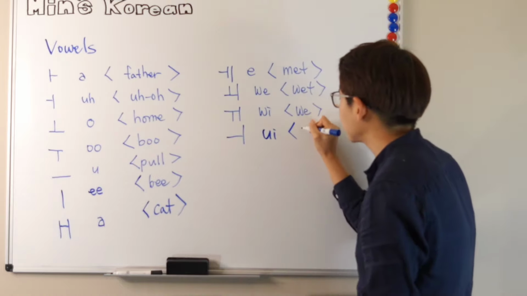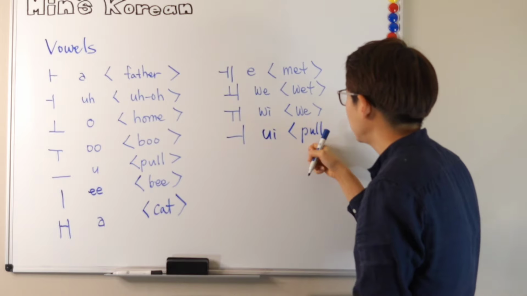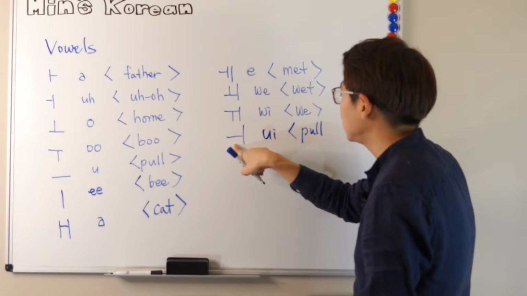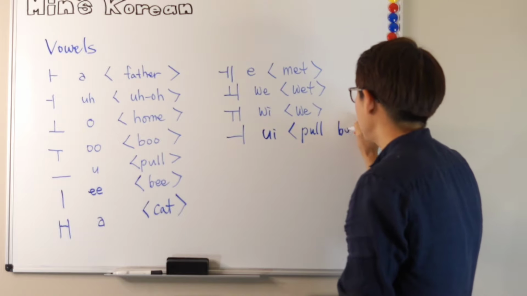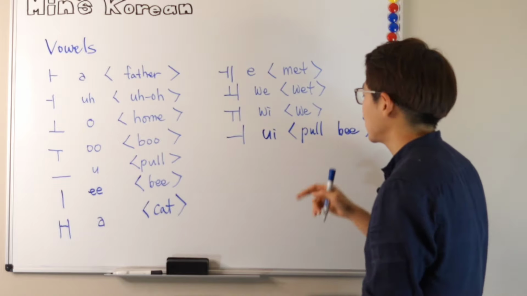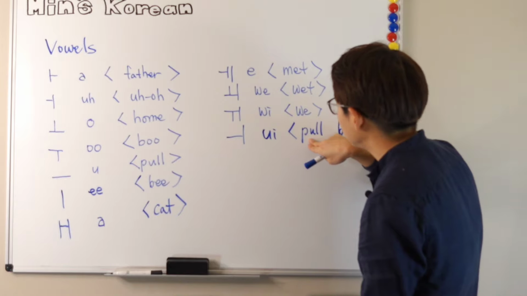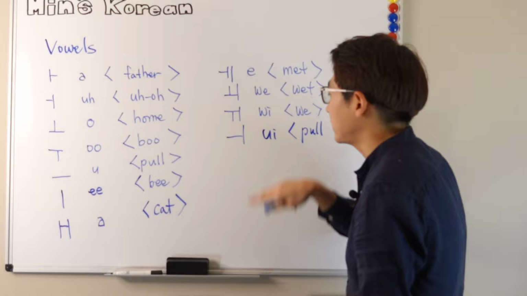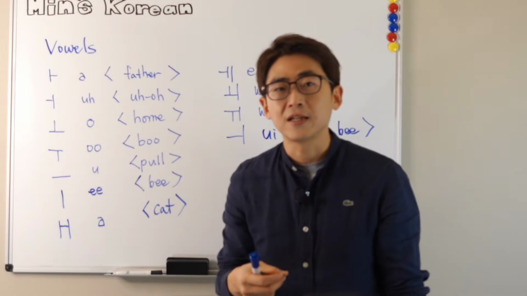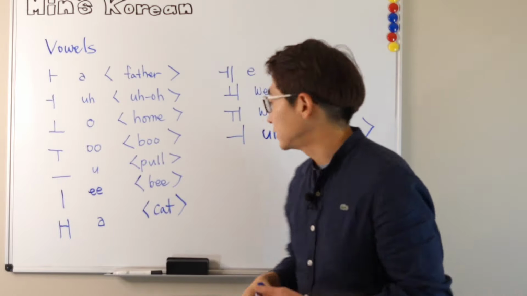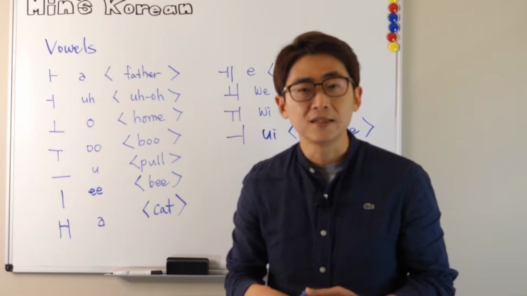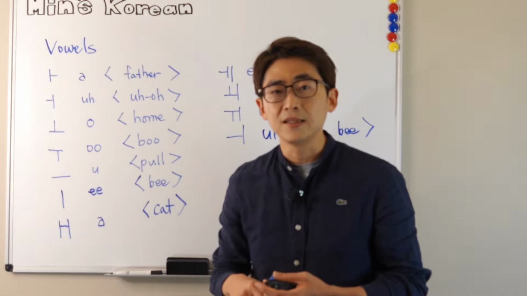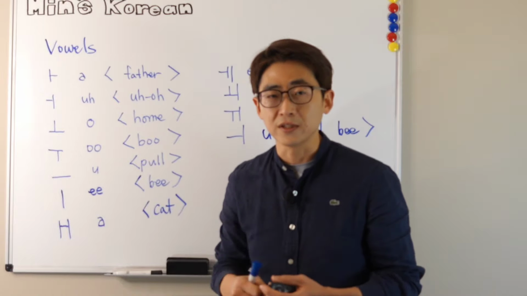You make the first sound first, and then right after that you make the e sound together, just like how you make it into a single sound. So you have to practice this one a lot.